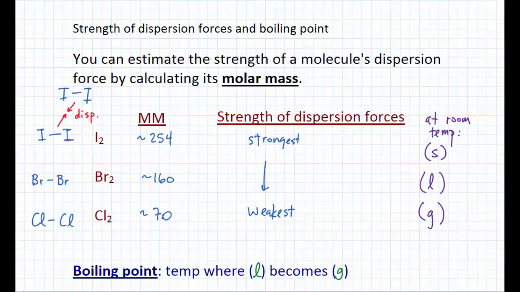So think of that. If the liquid and gas ones are the easiest to think about, because if something is a liquid at room temperature, that means its boiling point has to be higher than room temperature, right? We'd have to heat up a liquid to get it to boil. But if something's a gas at room temperature, that means its boiling point is lower than room temperature. It's already, room temperature is enough for it already to have boiled, right?